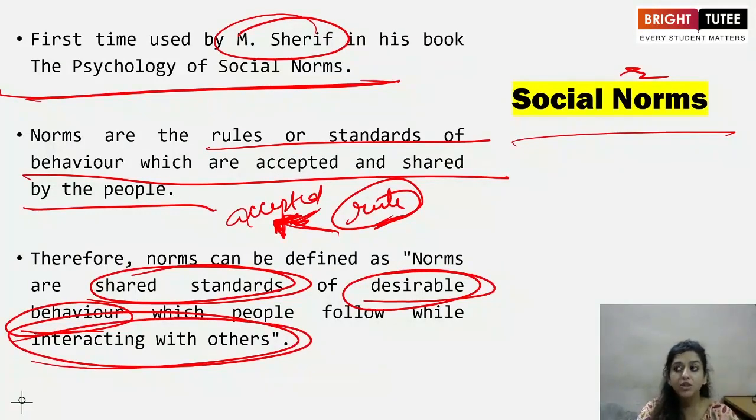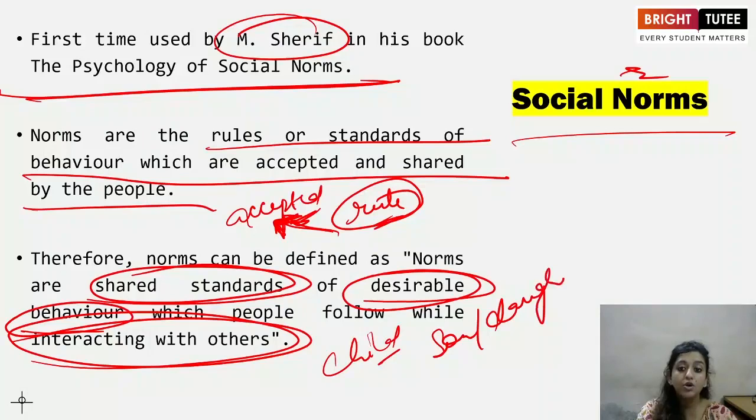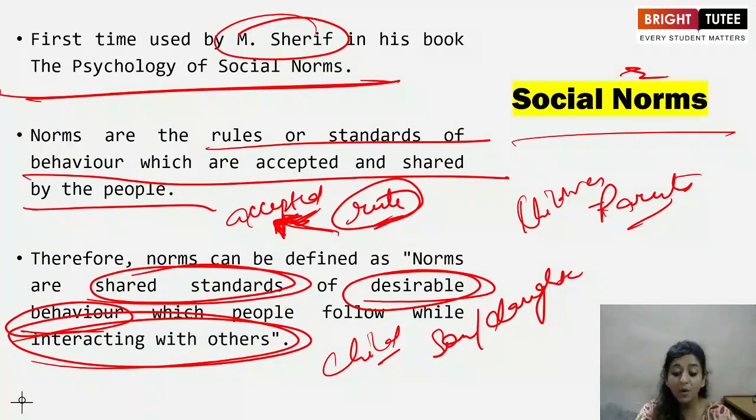How are you supposed to interact as a child? How are you supposed to interact as a son or a daughter? How are you supposed to interact with your children as parents? So there are set social norms. How am I supposed to interact with you all as a teacher?